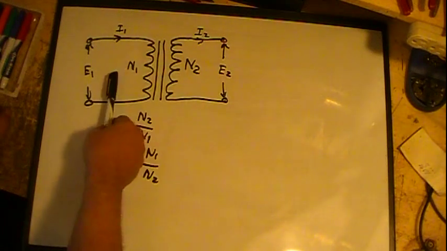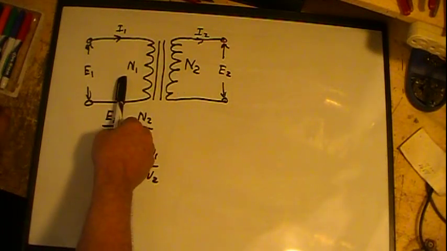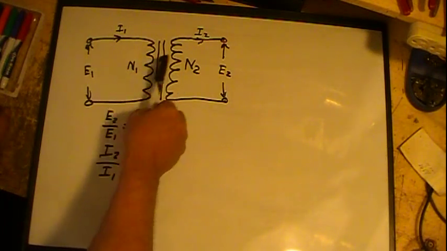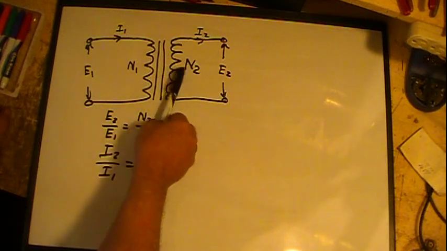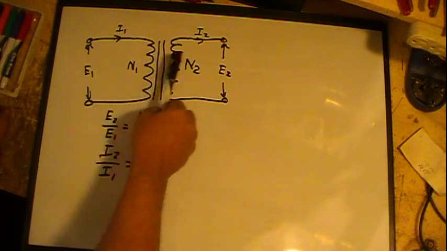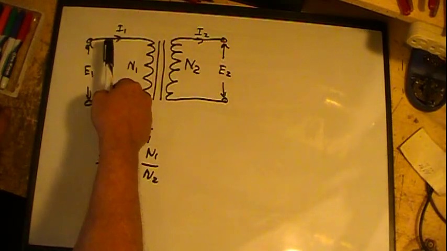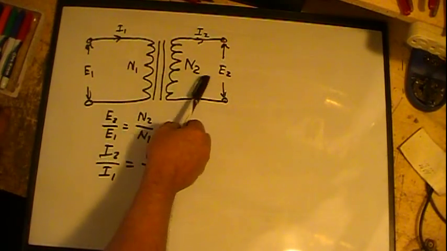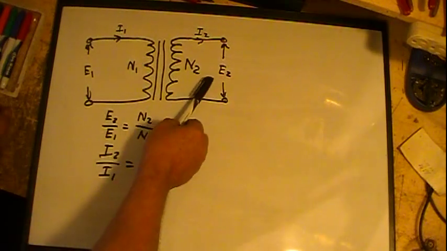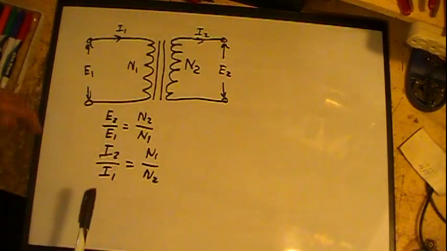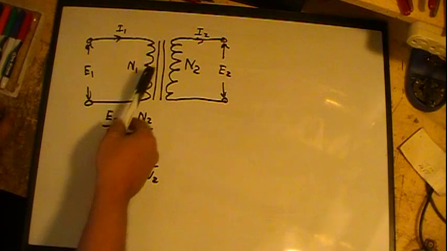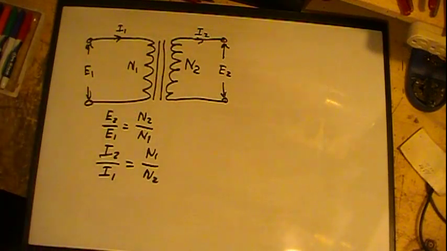If I'm running a step-up transformer, so I'm stepping up on my turns ratio and stepping up my voltage, my current steps down the same amount. So if I step up the voltage 10 times on the secondary, my current will reduce by 10 times on the secondary with respect to the primary.